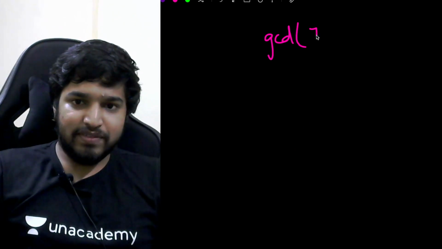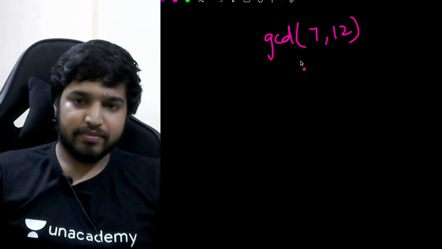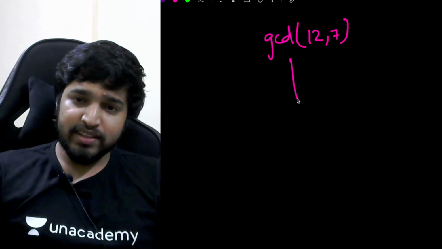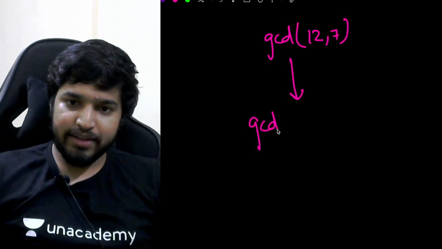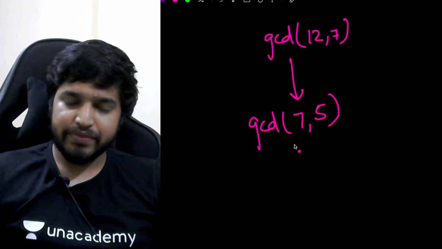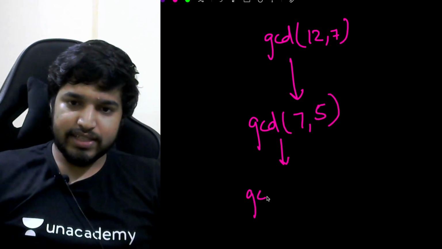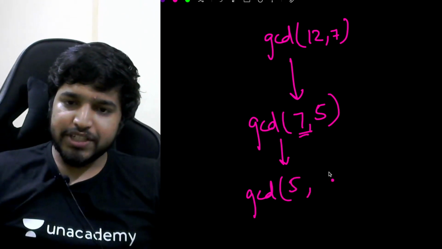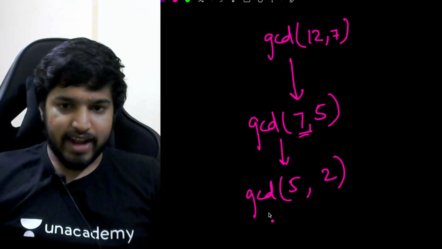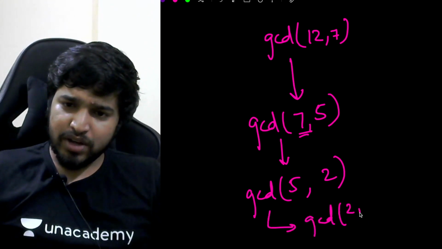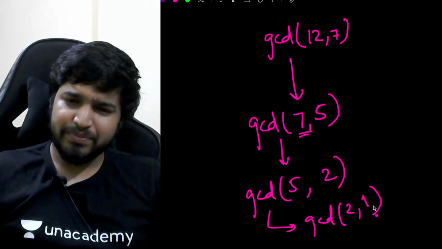For example, GCD of 7 comma 12. We assume that A is greater than B, so we'll take 12 comma 7. This is going to call GCD of 7 comma, what is 12 modulo 7? 5. This is going to call GCD 5 comma 7 modulo 5, which is 2. And this is going to call GCD 2 comma, what is 5 modulo 2? 1.